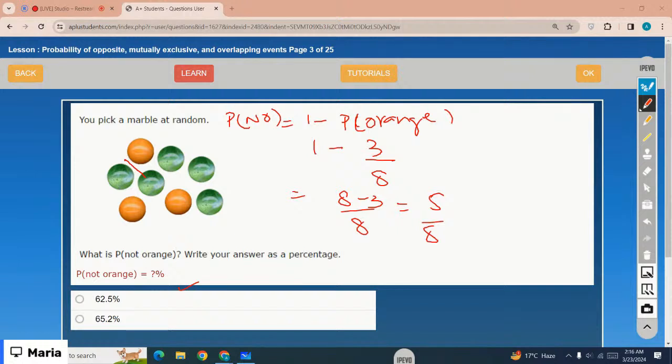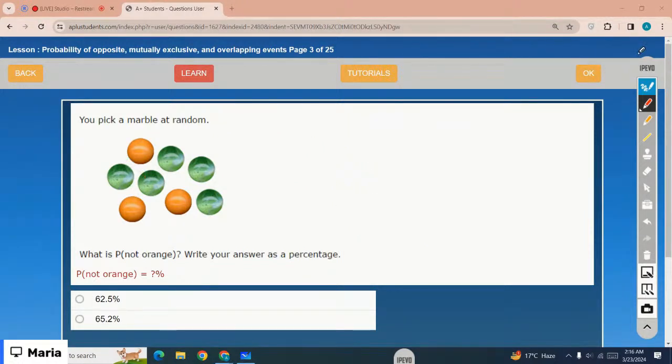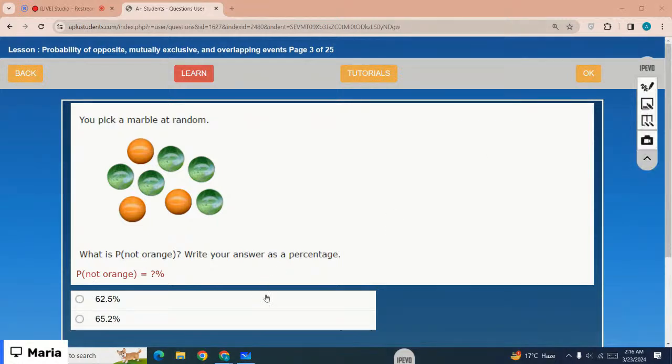Option number 1 is the correct option, that is 62.5%.